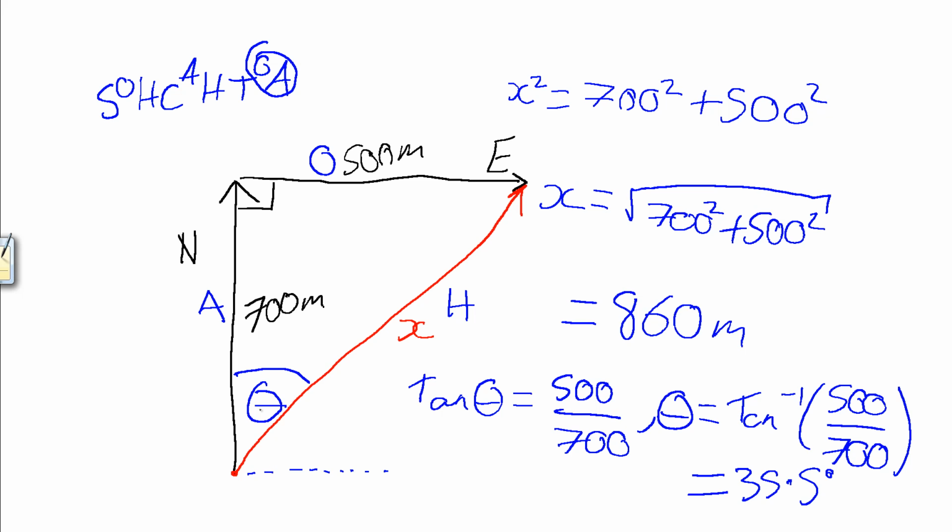So this x at 860 meters and 35 degrees east of north is equivalent to these two individual vectors that we've taken in order to make it up. So the 700 north combined with the 500 east is exactly equivalent to having just gone our 860 meters at 35 degrees east of north.